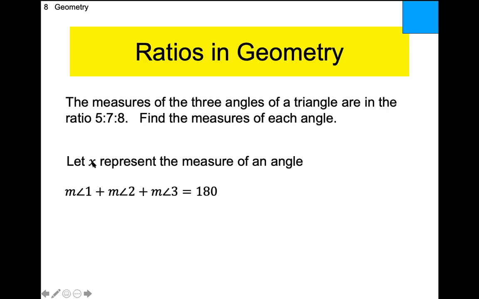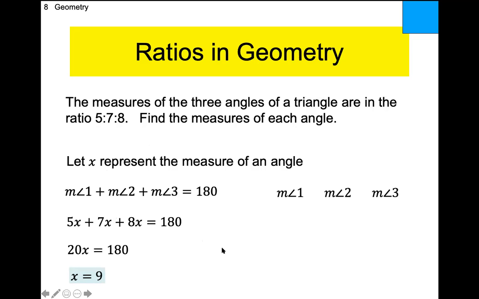We simply attach x to each number in the ratio and solve that equation. 5 plus 7 is 12, plus 8 is 20. Therefore, x equals 9. So the angle measurements are 45, 63, and 72.